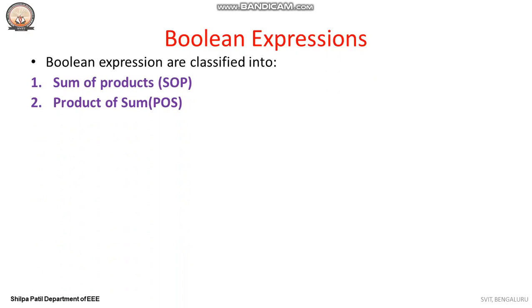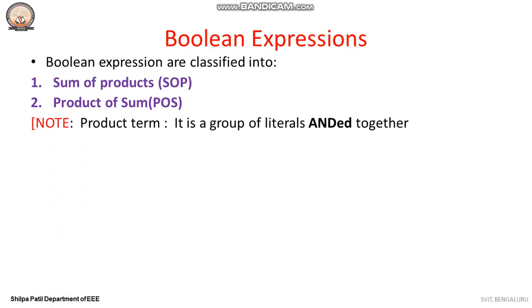Before going to SOP and POS, we'll first know what is a product term and a sum term. In the expression, if you see the terms, a product term is a group of literals ANDed together.